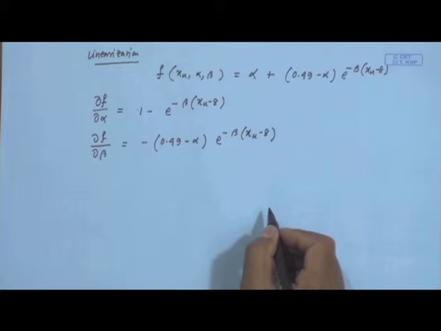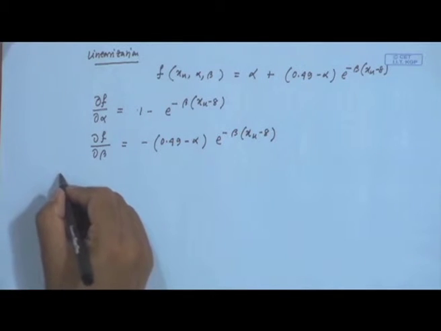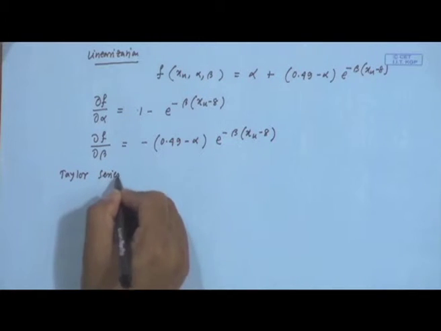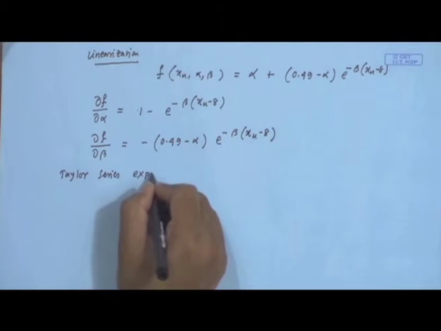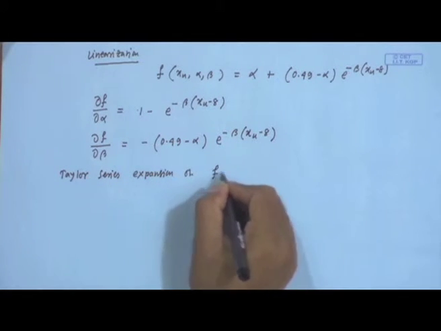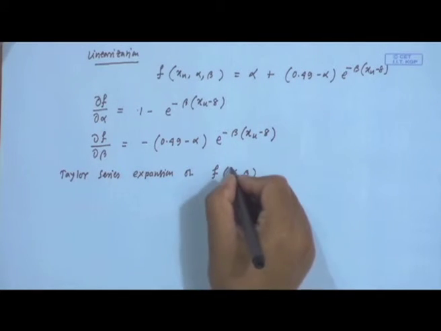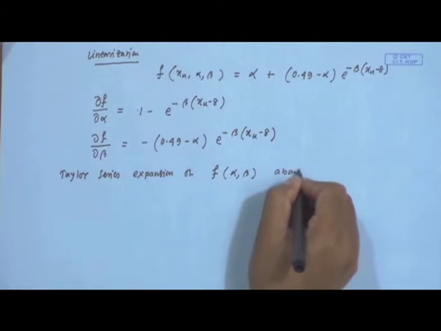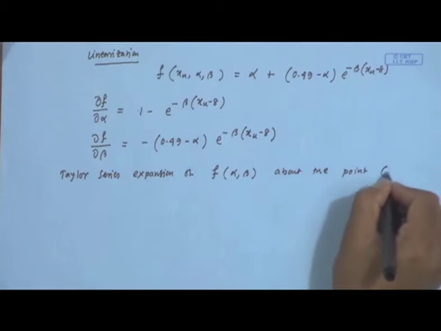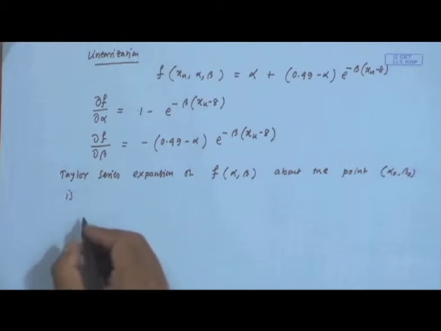Okay. Now, the Taylor series expansion of this function f(x_u, alpha, beta) about the point alpha naught, beta naught.